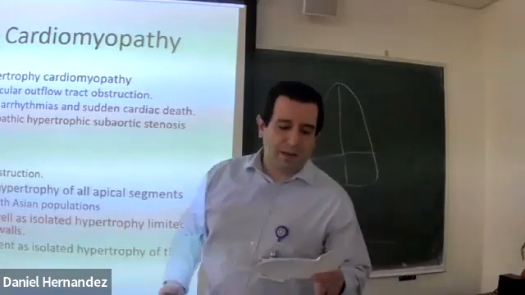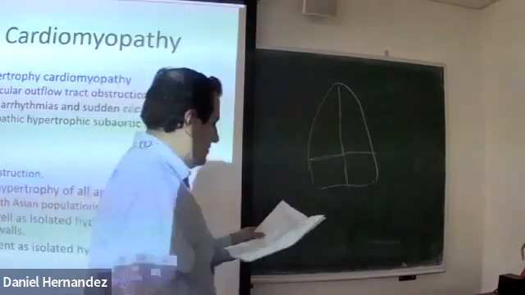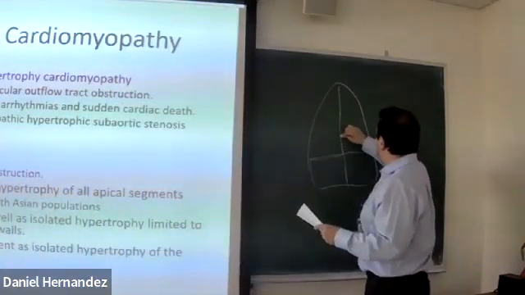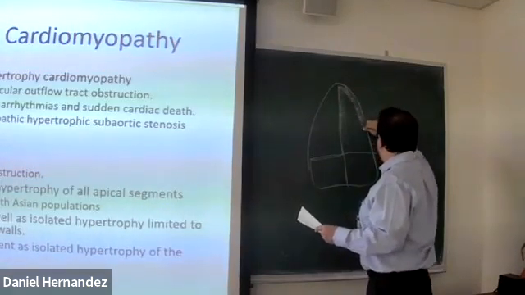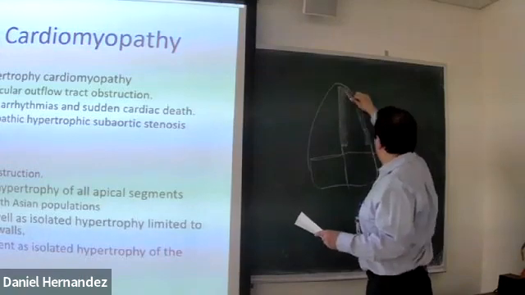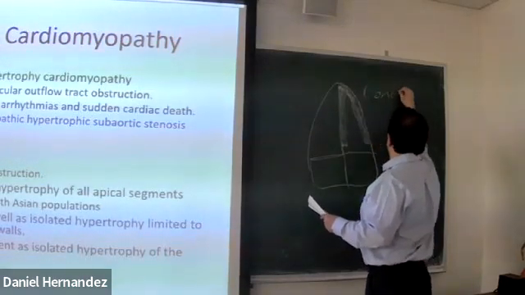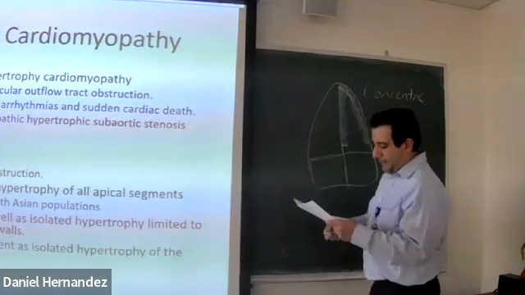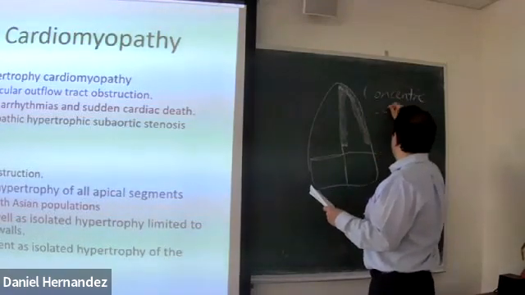So we can also have concentric LVH, or concentric left ventricular hypertrophy. So that would be even thickening of all the ventricular walls. So we have concentric. This occurs about 5% of the time.